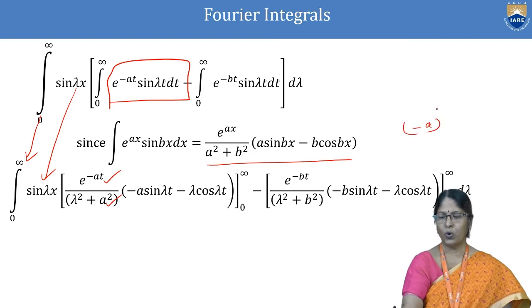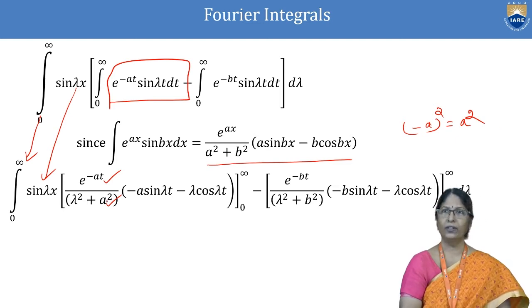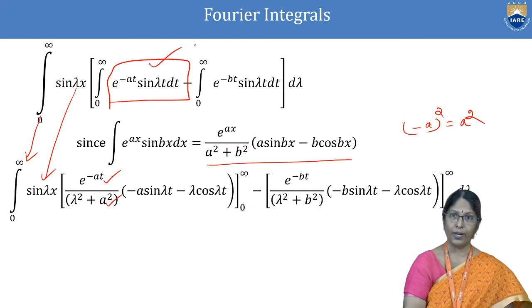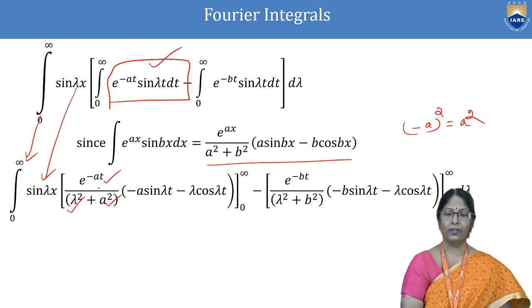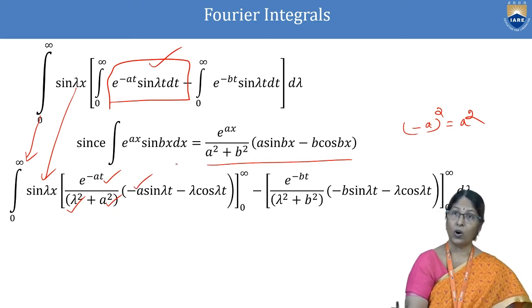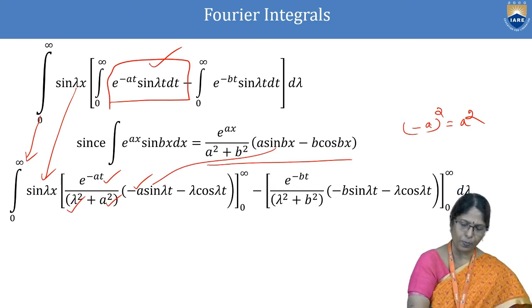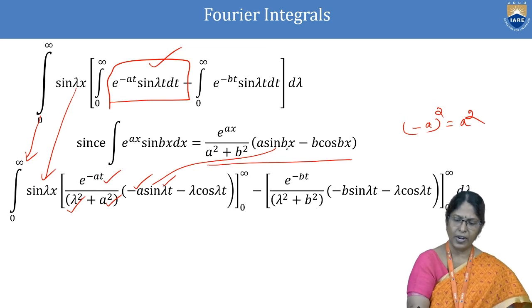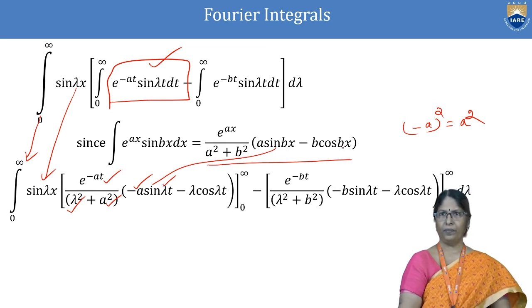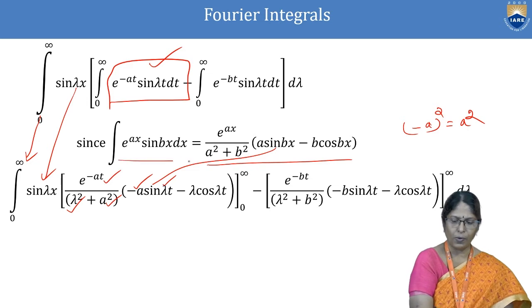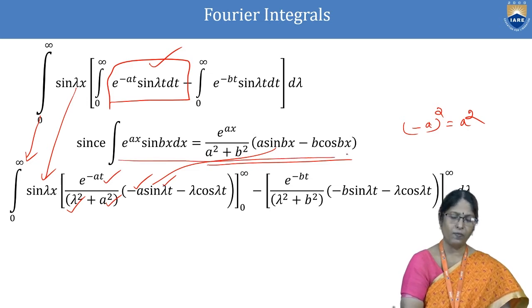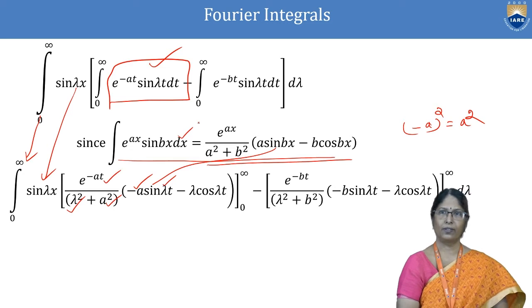But minus a the whole square is nothing but a². So a². b is playing the role of lambda, so lambda². a, according to our problem, is minus a. Sine, b according to our problem is lambda. Here t it is there, that is, in the formula the integration is with respect to x.